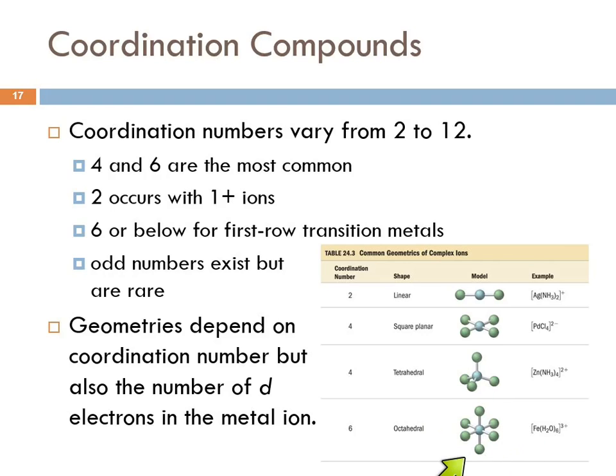It's more like the octahedral, but missing the top and bottom. Tetrahedral, we're familiar with that shape from the geometry of carbon and all kinds of other things. If you've got a coordination number of 6, you're going to get an octahedral geometry. And these guys are examples of those. Any questions?